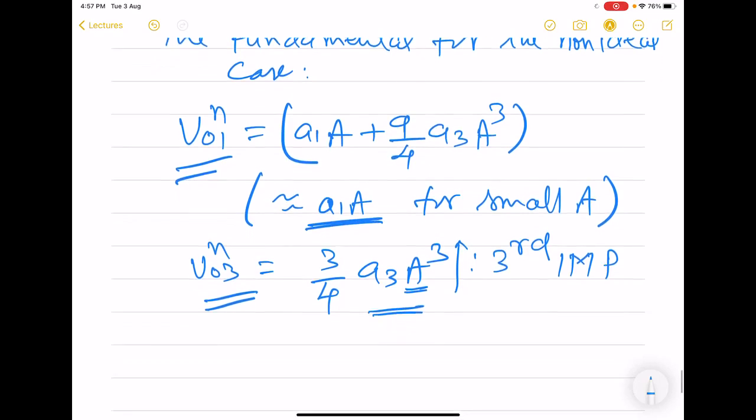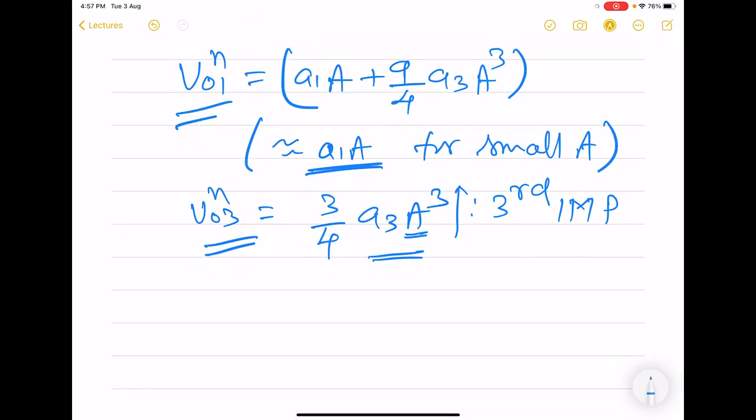So here, let me first try to find out power for these two cases, and then we will try to equate them to find out what will be the input for which they will tend to intersect each other. That means the third order intermodulation product will become comparable or equal to that of the fundamental. Fundamental for this ideal case, not for this actual case.